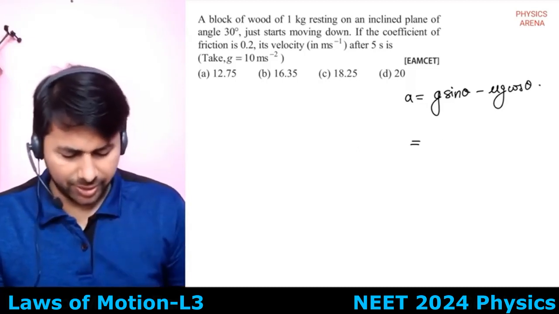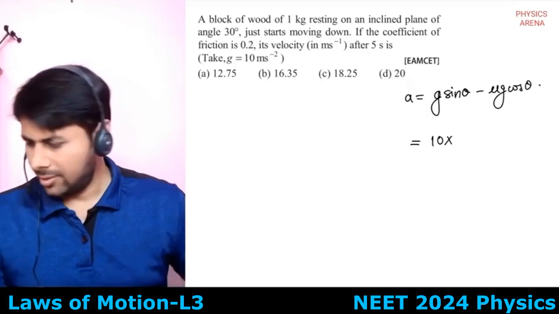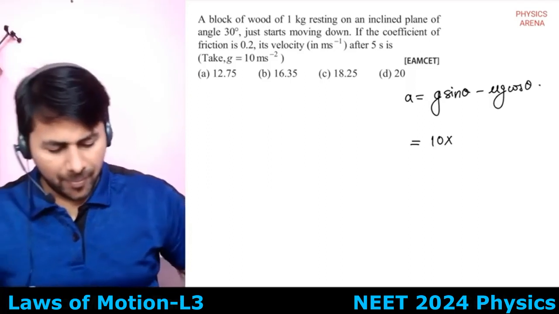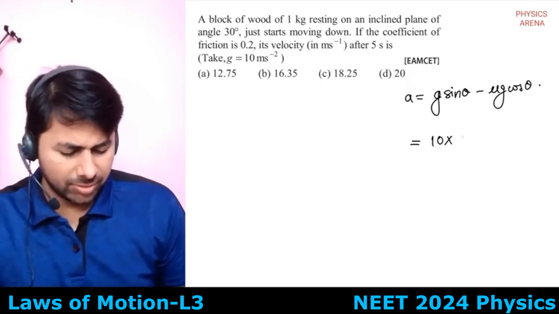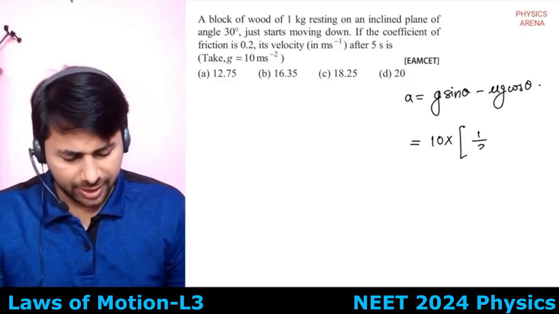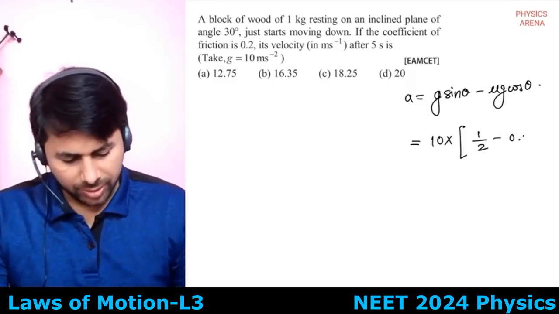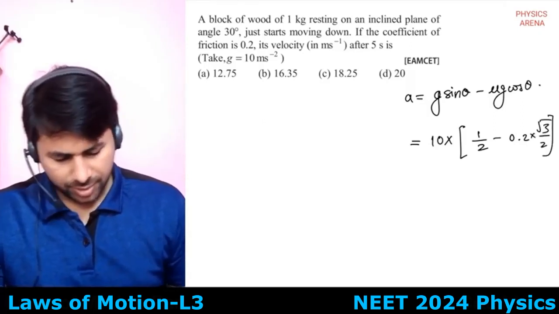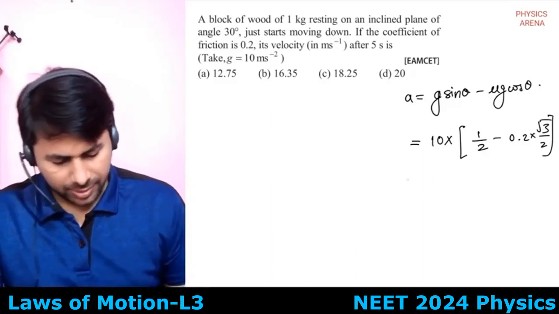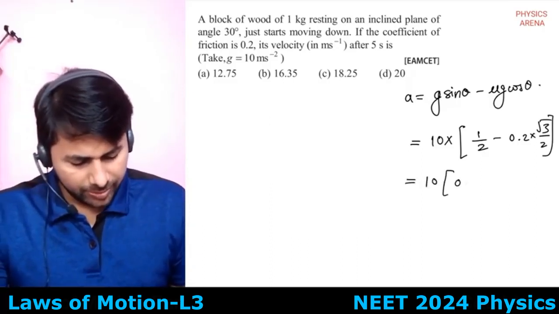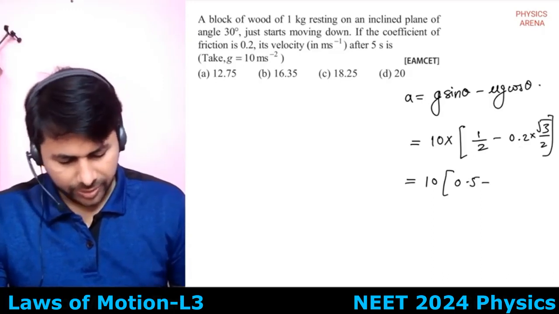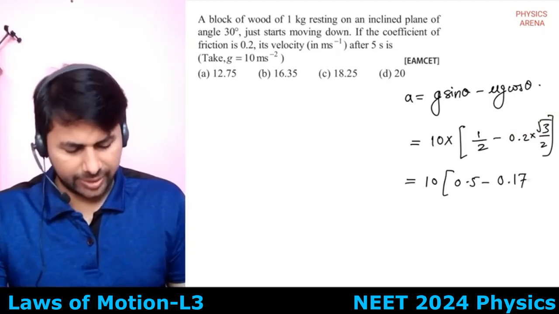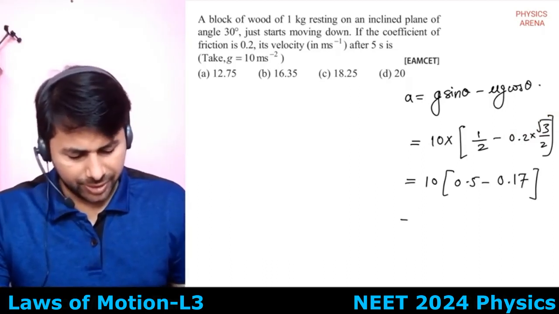It is 10 times of sine 30, which is half, minus mu is 0.2 multiplied by cos of 30, which is root 3 by 2. So it is 0.5 minus this, which will be 0.1 multiplied by 1.73, is 0.17. Let's keep that much only.